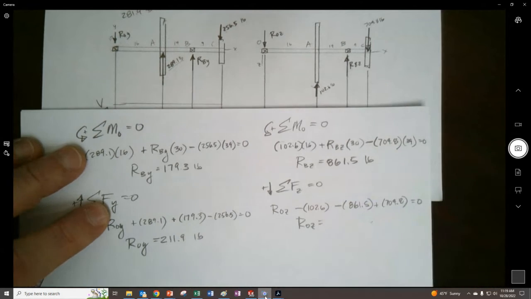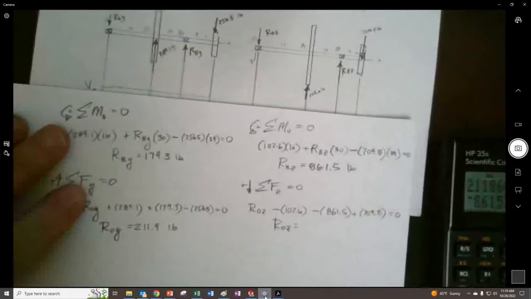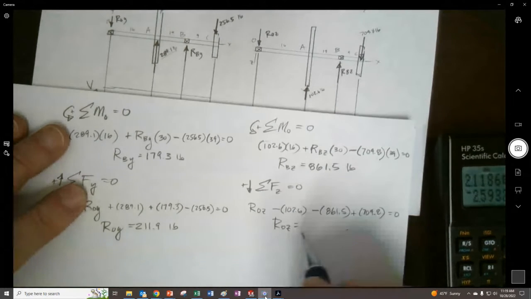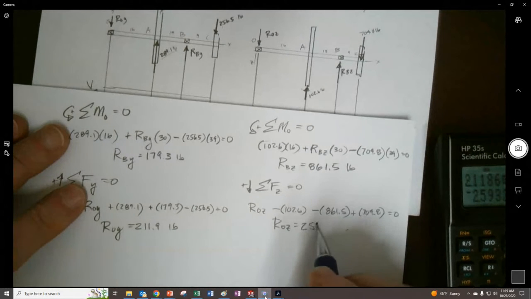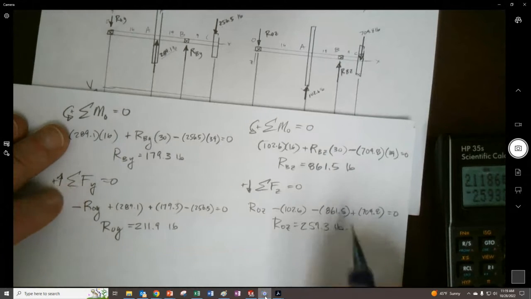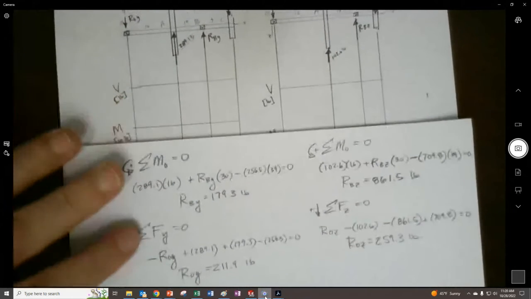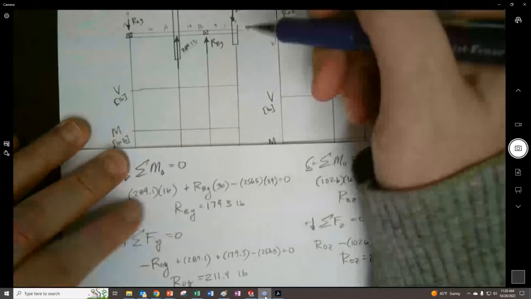ROS is, let's see, 102.6. I'll subtract out, and then I'm going to add 704.8. Yes, so I get 259.3 pounds.